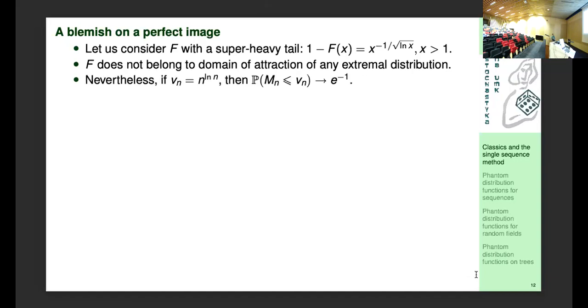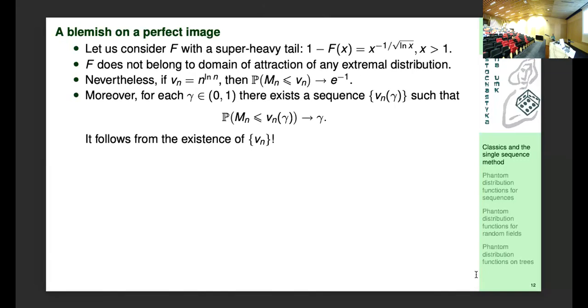But if we consider a sequence of levels, then the probability will be non-zero. So there will be some limit. Moreover, for each gamma, we can find a sequence v_n(gamma) of levels such that there will be a limit gamma. So we can calculate approximate quantiles, for example.